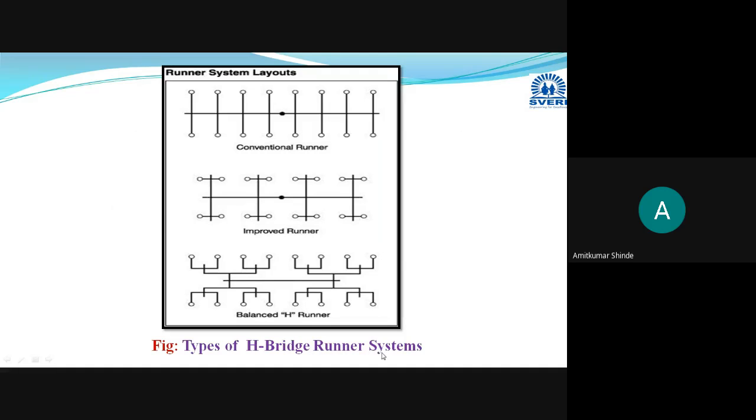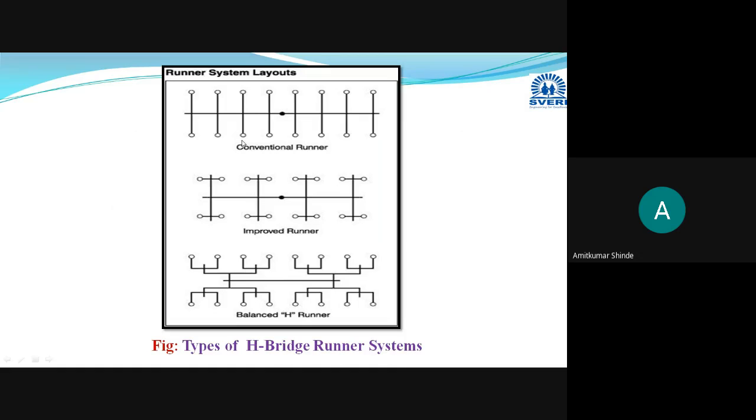Generally the H bridge runner system is used. H bridge is nothing but herringbone bridge. This H stands for herringbone. Okay, this is H shaped. You can see here. These are H bridge runner systems.